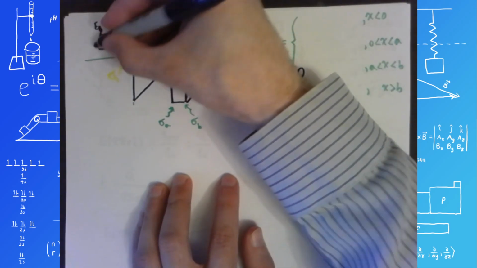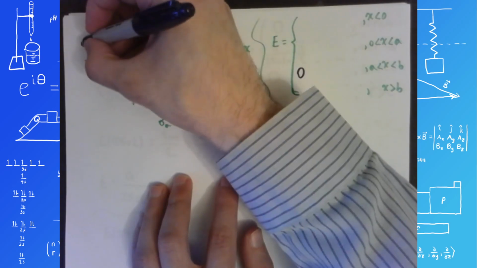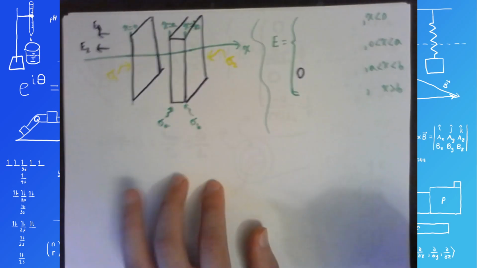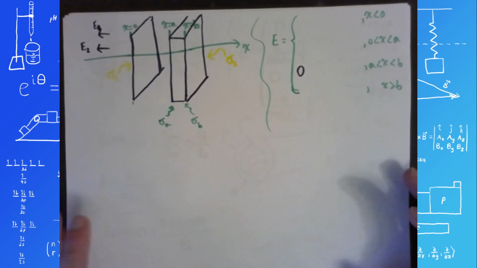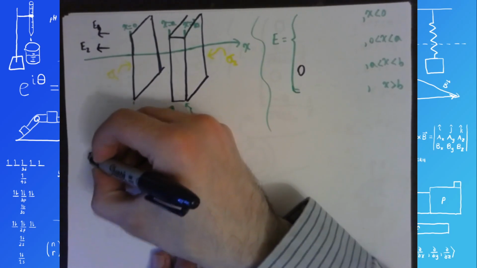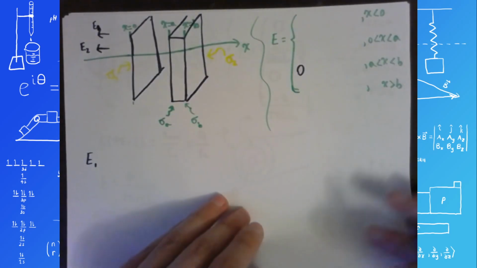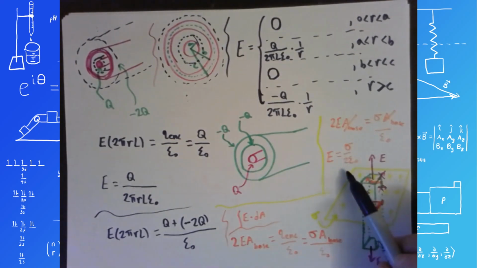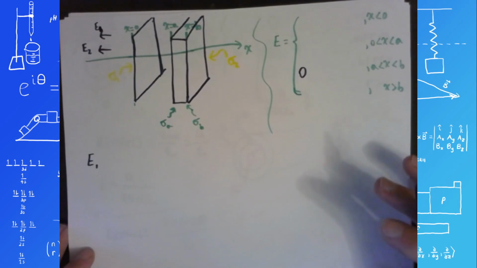If we assume sigma 2 to be positive, it's going to create an electric field to the left as well, of magnitude E2. And we can use the conclusion that we got earlier, E equals sigma over 2 epsilon naught, to figure out what the magnitude of that electric field is.